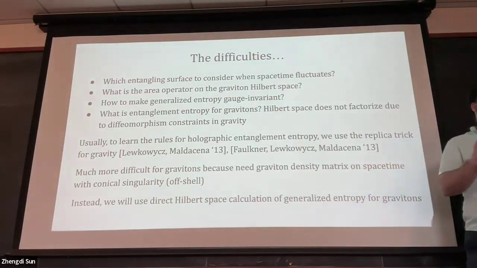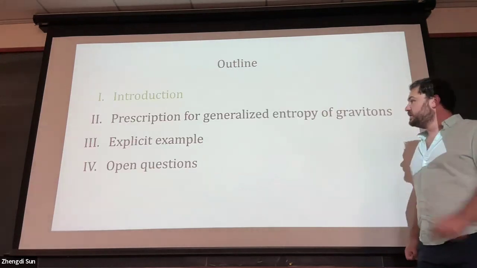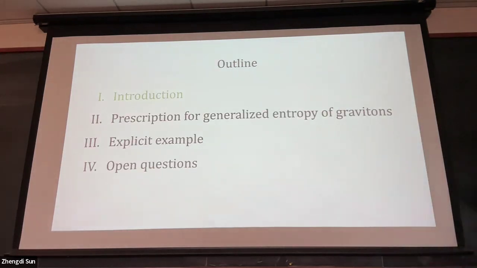It's actually pretty easy to find things that satisfy two of those three, and the crux of today is going to be one that satisfies all three of those requirements. And this Hilbert space calculation will allow us to check that it does that. Okay, so that's the introduction. Maybe I should pause here. Any questions about the basic goal?